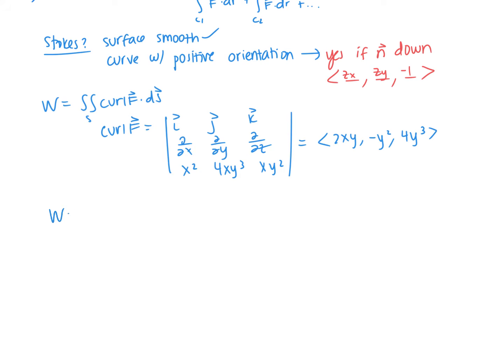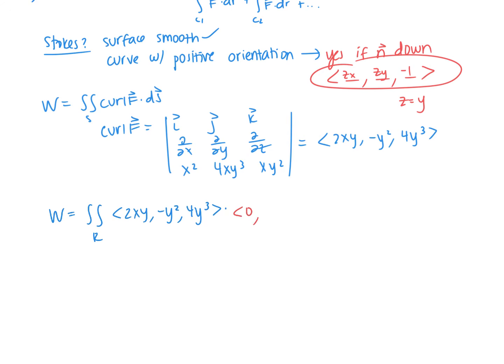So then, this is going to become the double integral over the region R of that curl of f, so that 2xy, negative y squared, 4y cubed, dotted with n. Keeping in mind that our surface is z equals y. So the partial with respect to x is going to be 0. Partial with respect to y is 1, and then we have a negative 1.